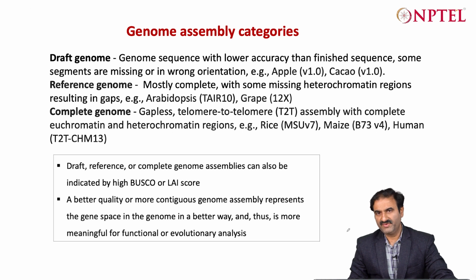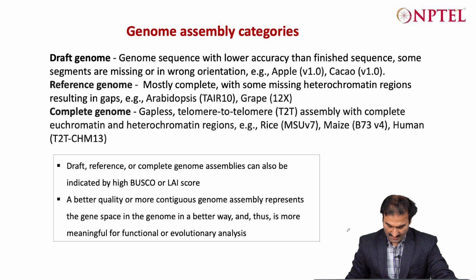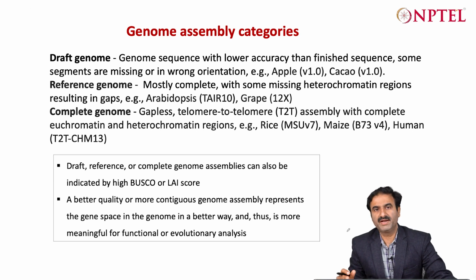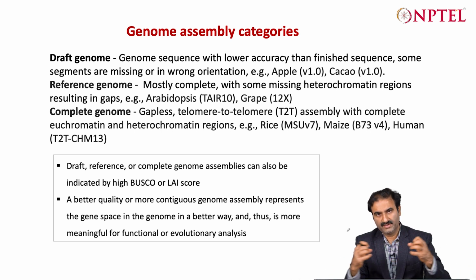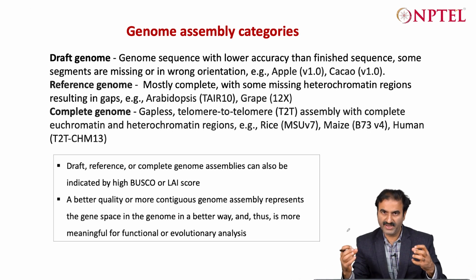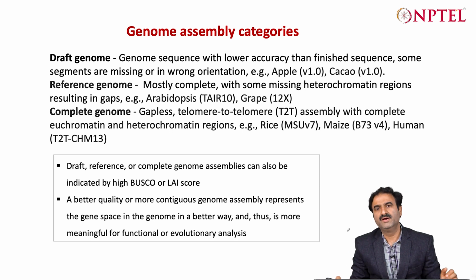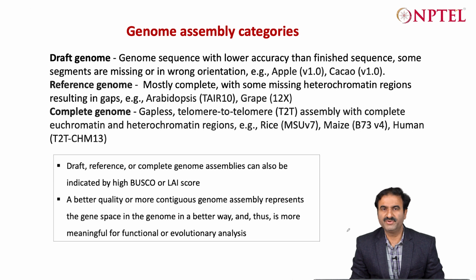Okay, so how do we determine whether it's a draft or complete genome? We have already seen that the BUSCO score, LAI score, and N50 can be used here, which are important indicators of the quality and contiguity of the assembly. And of course, if you have a better quality, highly contiguous genome, contiguous meaning how many contigs you could connect together to form scaffolds, and how many pieces your genome is in, you should also have some prior information about the number of chromosomes.